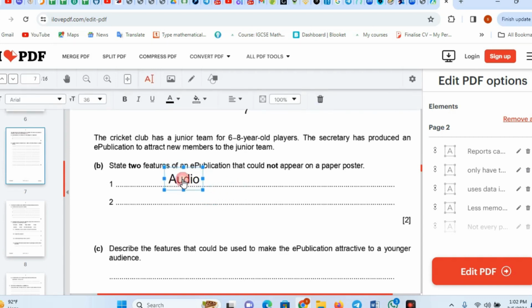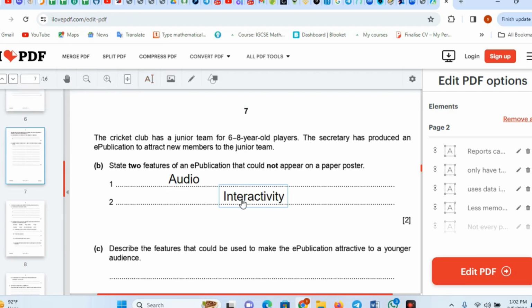Yes, another one is what? What's the other one that we have? You can have video, interactivity. Interactivity, that is, you will not be able to interact. Or can a paper interact? When you have a paper, can it interact with itself?